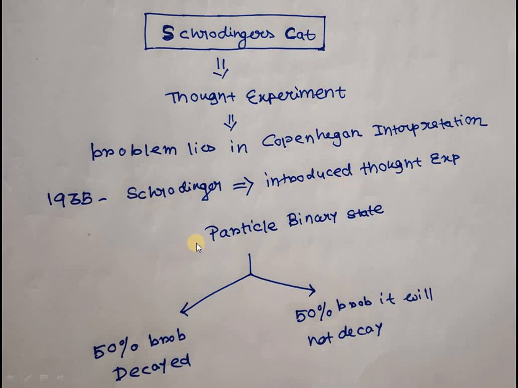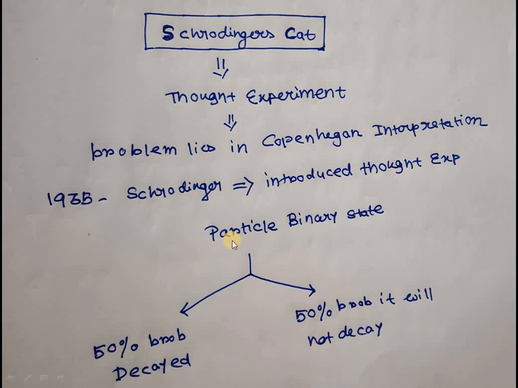According to the experiment, suppose there is some particle, a radioactive particle, in a binary state, so it has two states. The first state is that it can decay, and the second is that it will not decay, and there is a 50% probability that the particle will decay and a 50% probability that it will not decay.